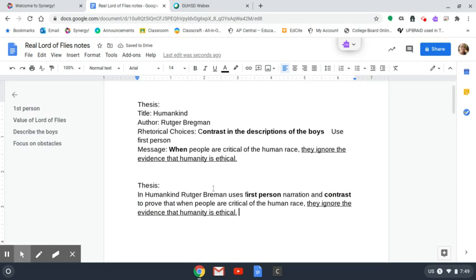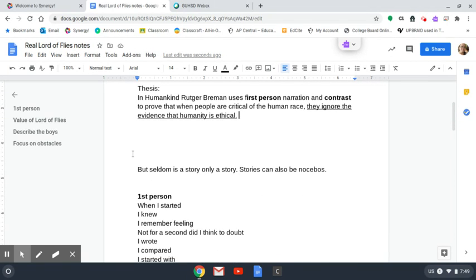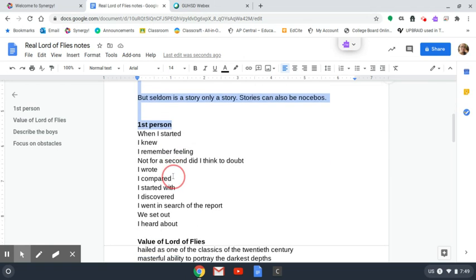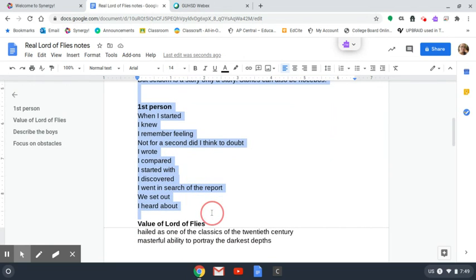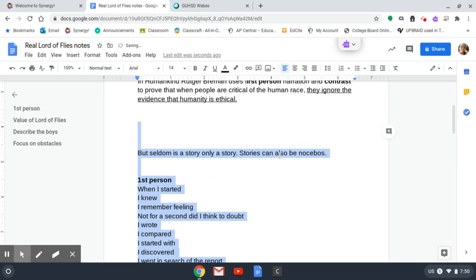So that's a thesis. Now, if that's my thesis and all I'm going to develop is contrast, that means all these other things, I'm actually going to ignore them. I loved that quote about the nocebos. It's a beautiful quote, but it doesn't matter how good the quote is.